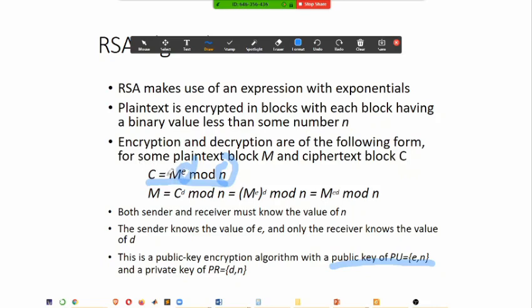The M here is the message, the plain text. The message gets encrypted to ciphertext using the recipient's public key, and the public key is going to be a combination of E and N. M to the power E mod N is how you get your encryption.